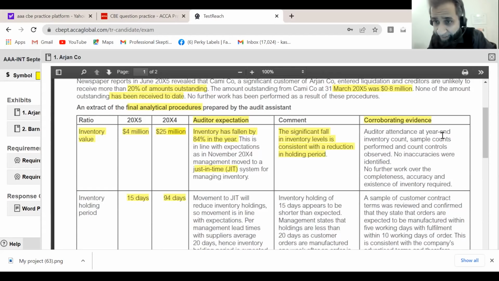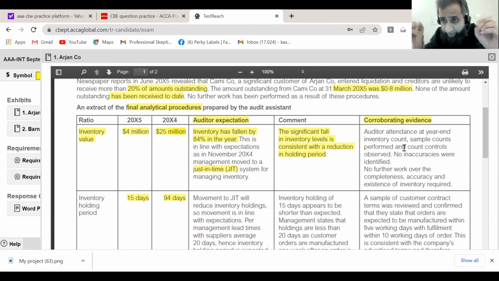Now let's see, have you gathered the right evidence on just in time? Auditor attendance at the year-end inventory count. So the auditor attended the year-end count. Sample counts performed, and count controls observed. So the auditor did observe the controls at the count, which is one good thing. The auditor did perform the sample counts, which is two good things.